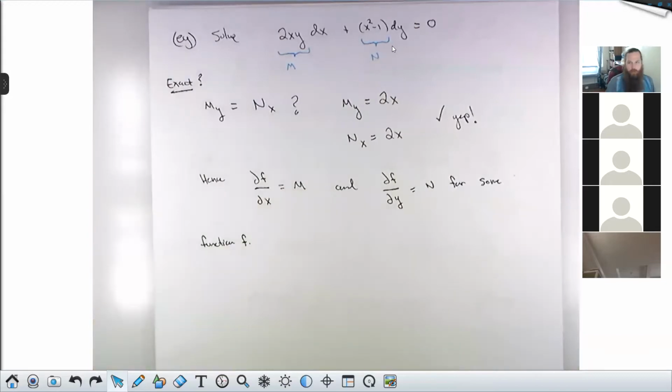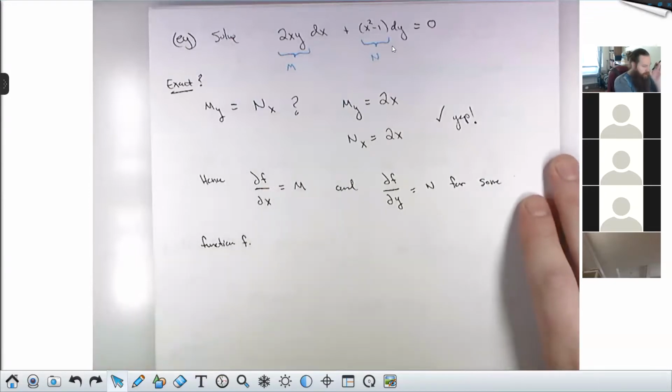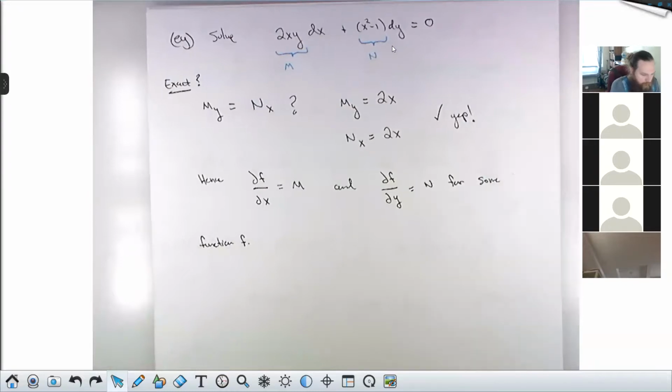My goal is to find that function f. So I'm going to take this guy and I'm going to integrate with respect to x to try and undo that derivative. That's the big idea.